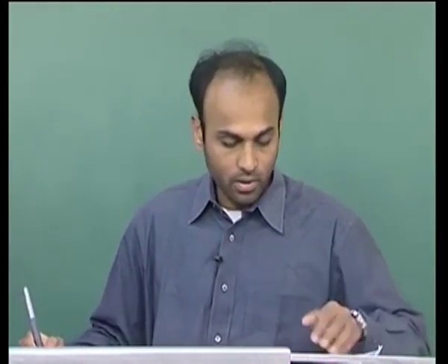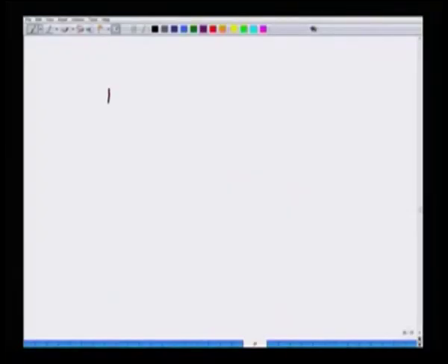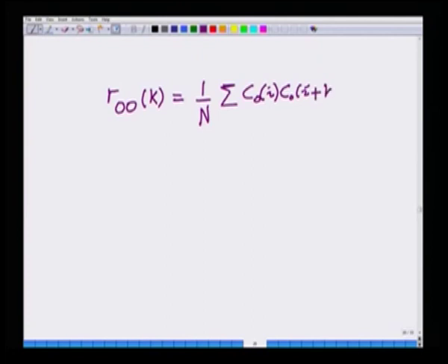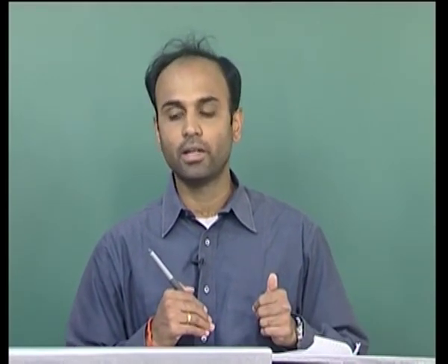So let us start with the correlation. Let me define R00 of k, that is for some lag k, the self correlation of sequence 0 with itself, as 1 over n summation C0i into C0(i+k). That is, I am looking at the self correlation of the chip sequence and the chip sequence shifted by k. Alright.